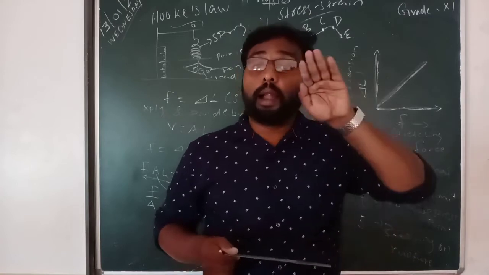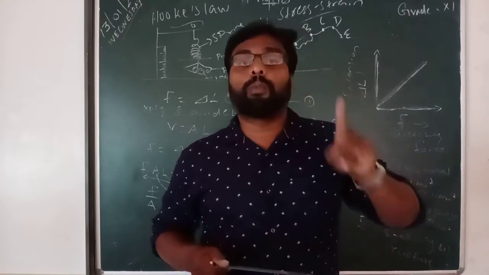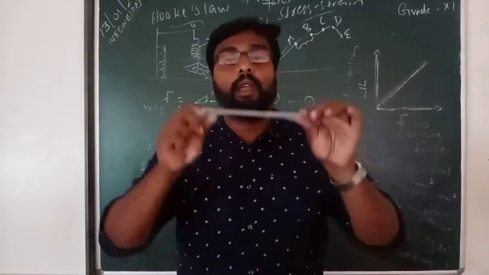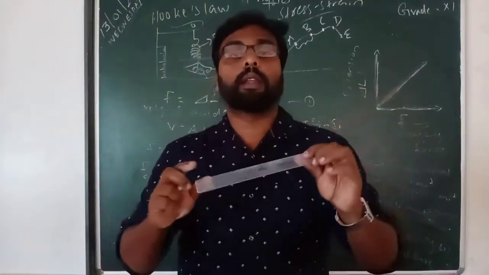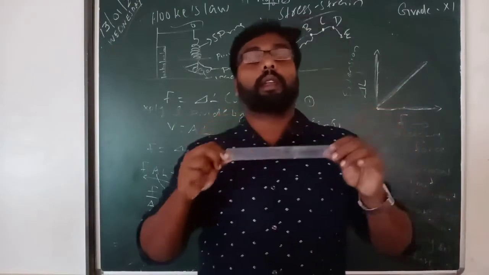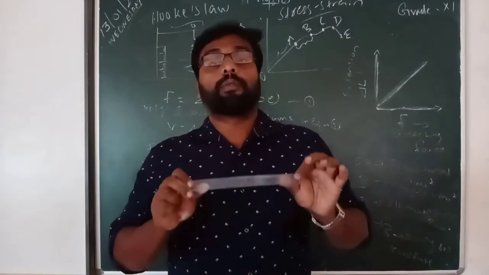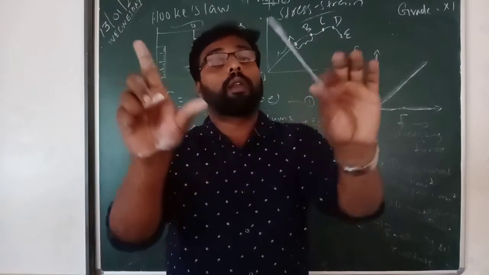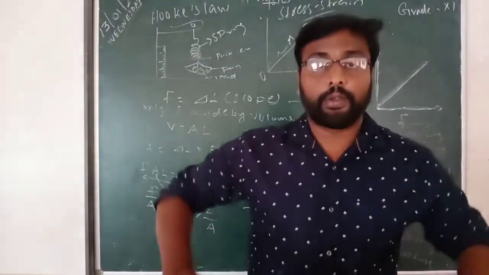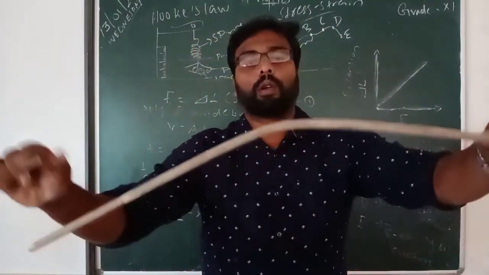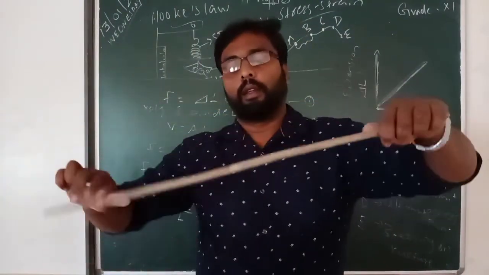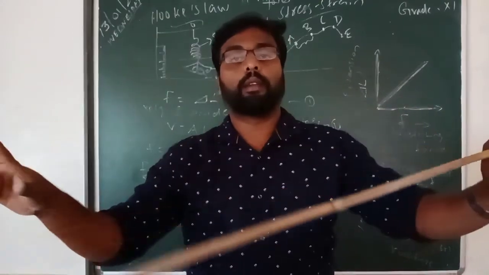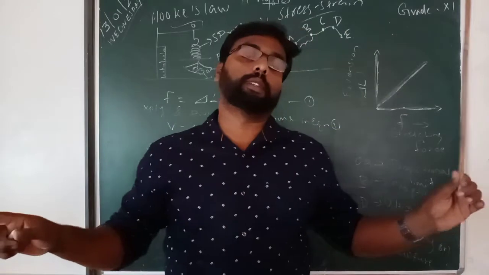Up to the point B, B is the elastic limit, so up to the point B it regains its original position. If I leave this force after the point B, it will not regain its original position. You can see, it will not regain, but until this point B, it comes back to its original position.